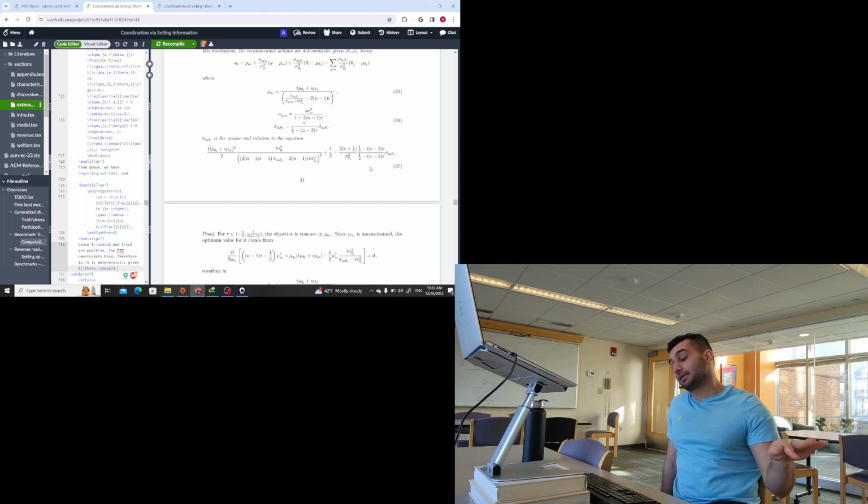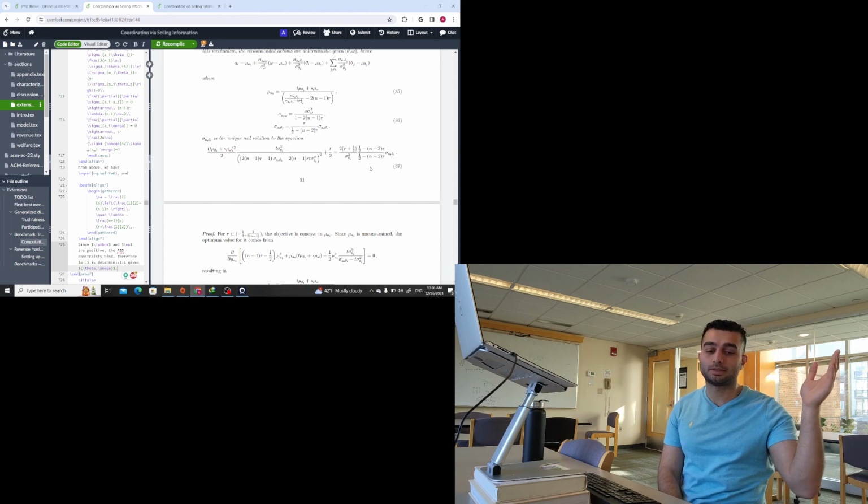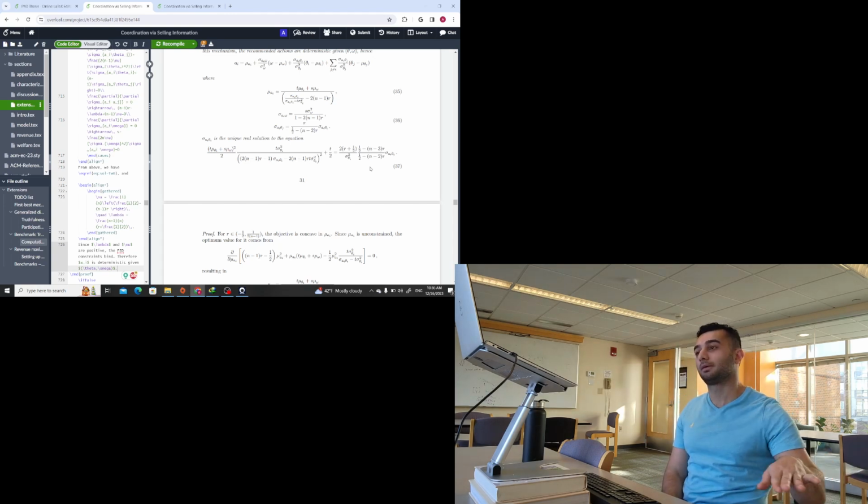Well, this curve is decreasing, the line is increasing. They will cut each other for sure. And this section of the curve and the line can have only one solution.